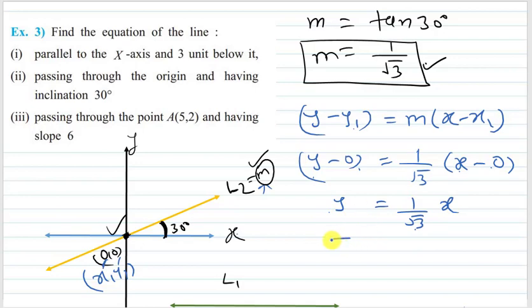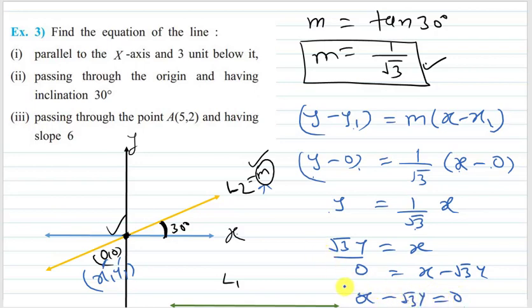What I will get? √3y equals to 1 into x. Just shift this y to the right hand side. It will be x minus √3y equals 0. I can reverse the equation as x minus √3y. So this is my required equation of the line, which is passing through origin and having an inclination of 30 degrees.